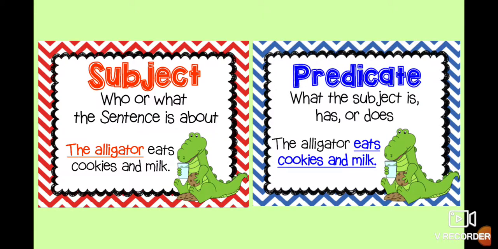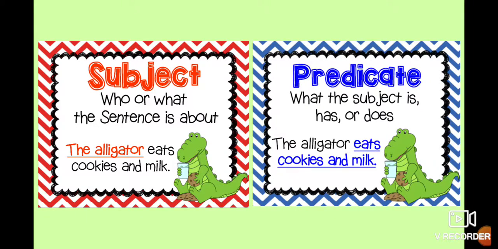We have the subject and the predicate. The subject is who or what the sentence is about. In this case, we have: the alligator eats cookies and milk. The subject is in red: the alligator. That means in this sentence we talk about a specific animal, the alligator.